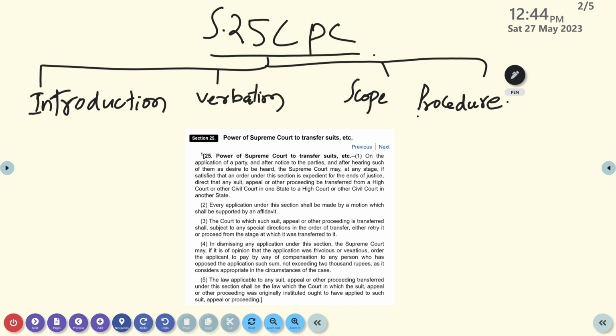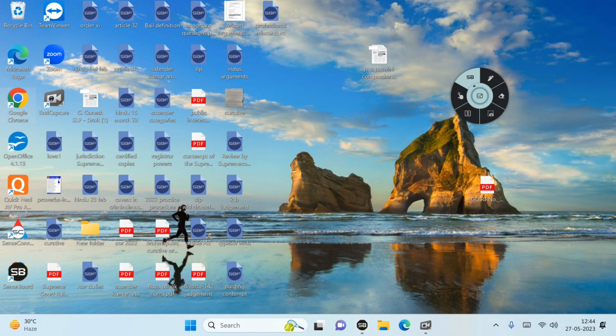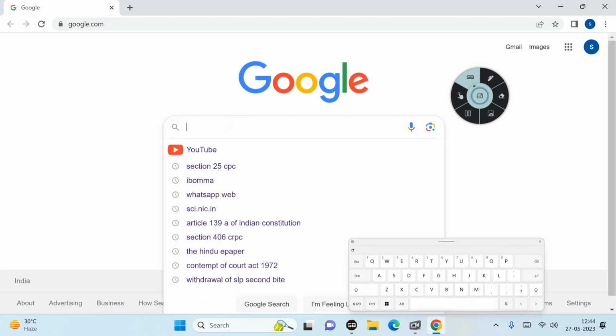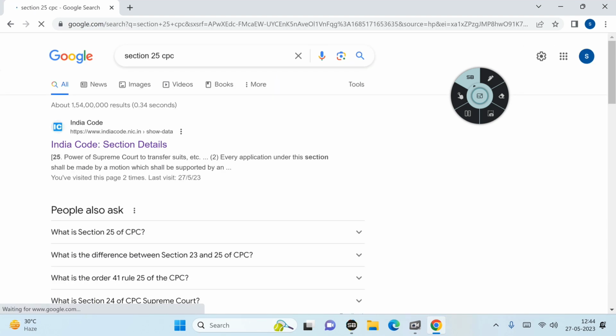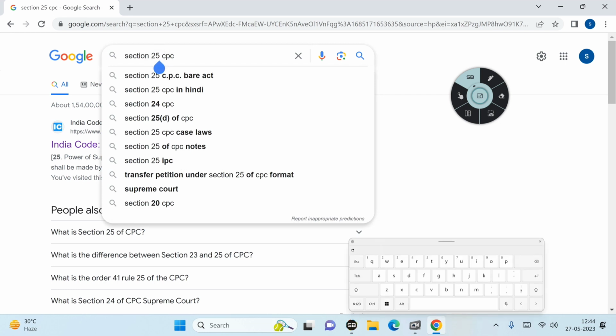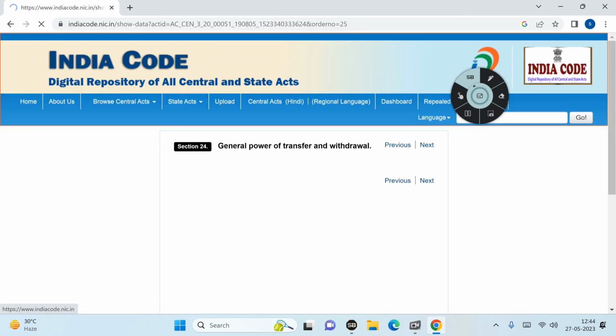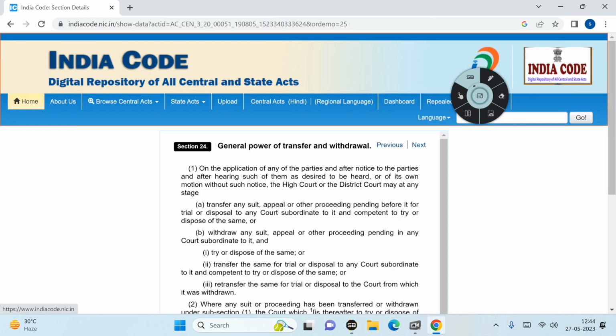We will see what Section 24 is. We will see the verbatim, because 24 and 25 are connected, so we have to see 24 also. Of course, we will discuss in detail about 25 because it is a Supreme Court jurisdiction.